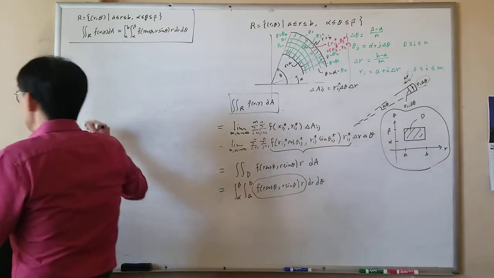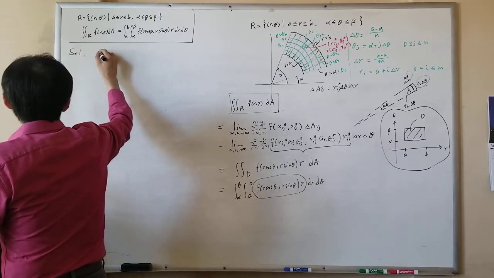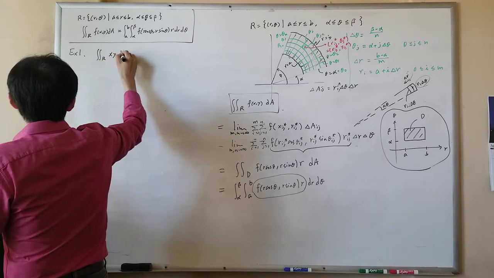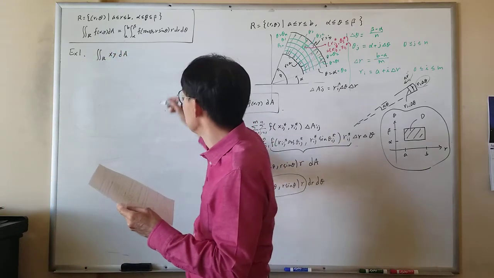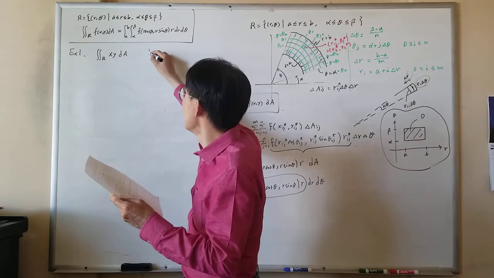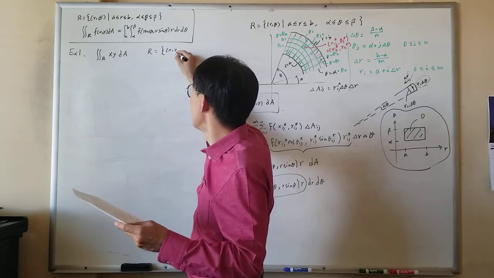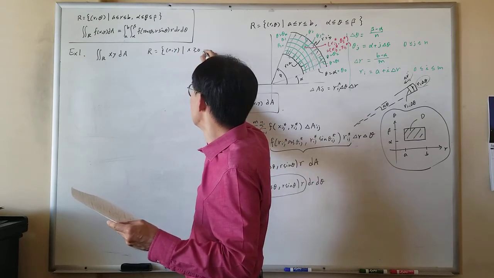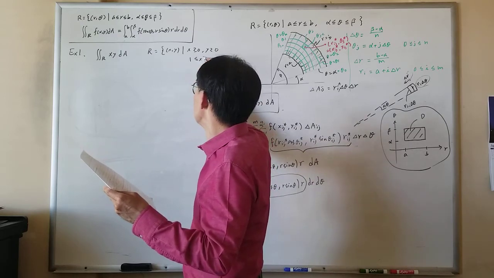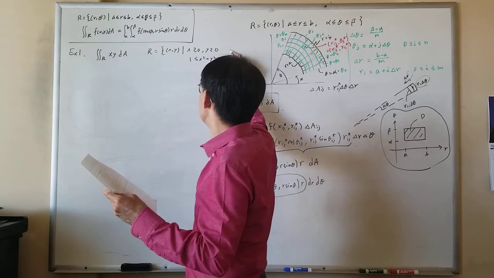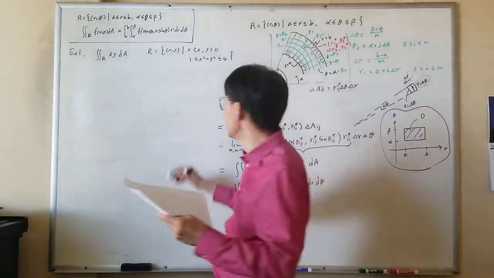Then let's do example 1. Evaluate the double integral over R of xy. Your R is what? Your R is x, y, both are non-negative, and then between the circle with radius 1 and 2, right?